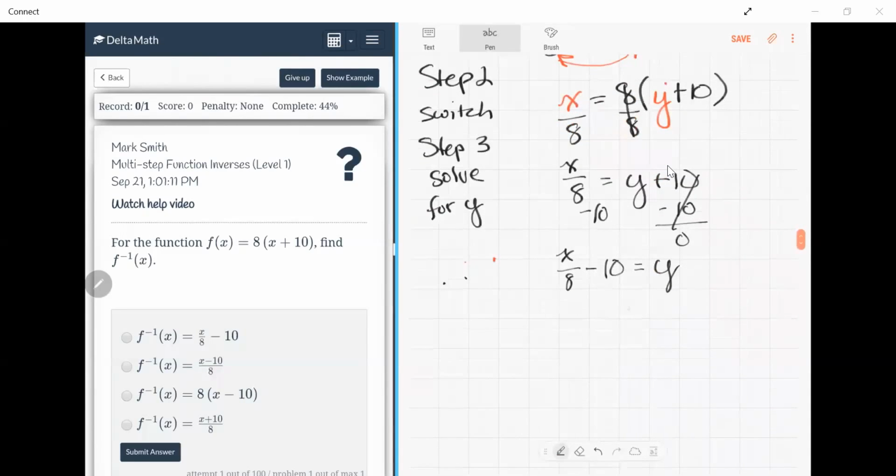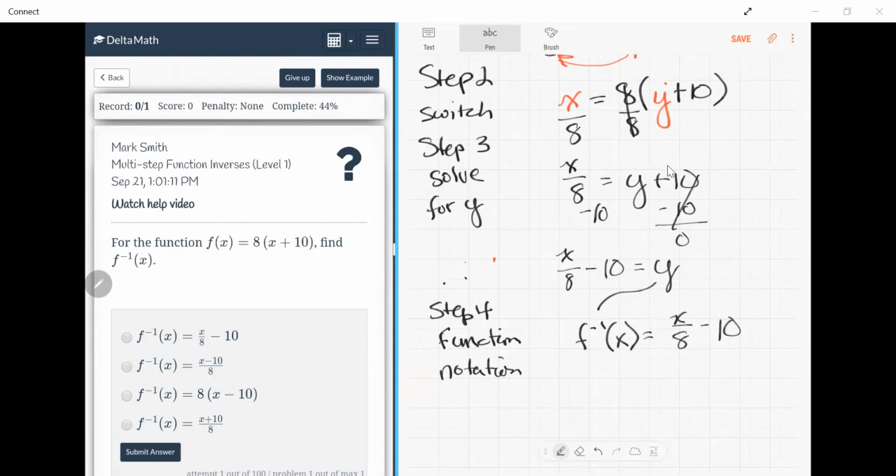All right, and then step 4 is function notation. So instead of y, I'm going to write f minus 1 of x equals x over 8 minus 10.